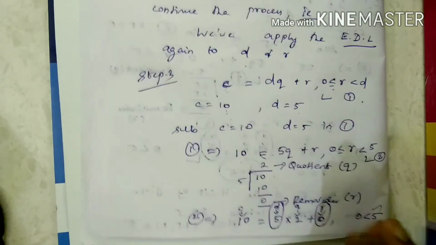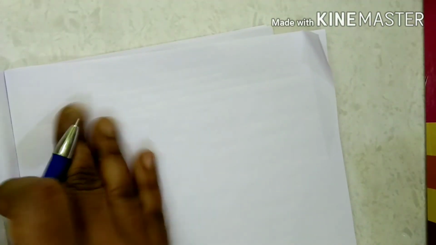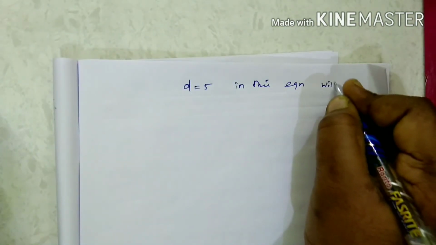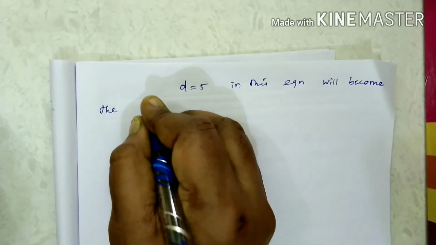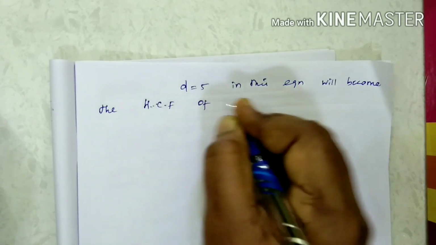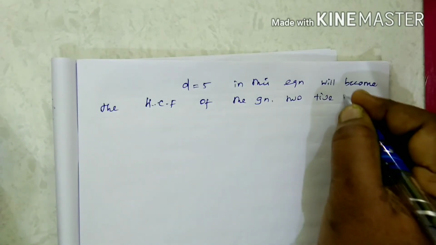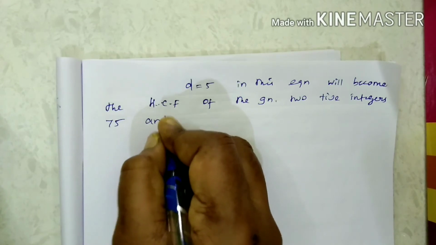Now here we get r equal to 0. So what is the divisor in our equation? The D value, 5. So D is equal to 5 in this equation, which will become the HCF of the given two positive integers 75 and 10.